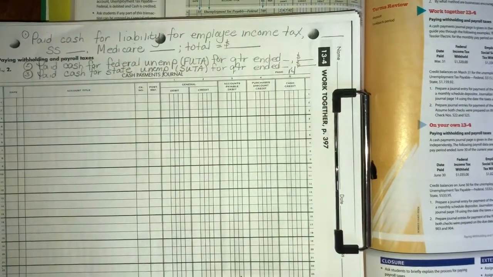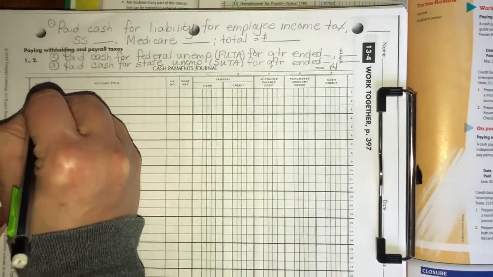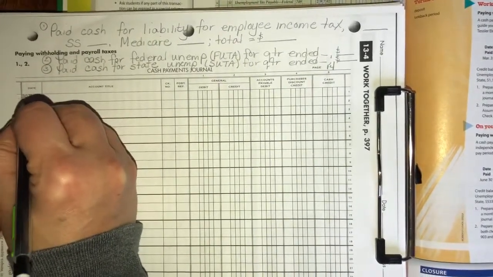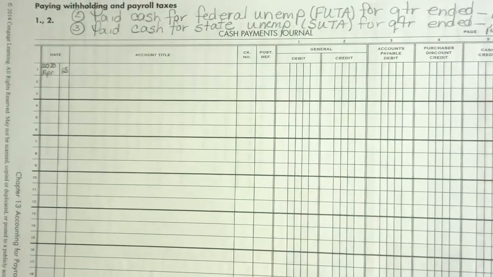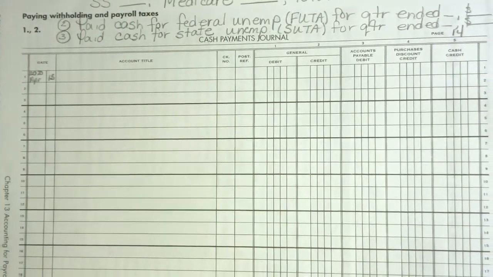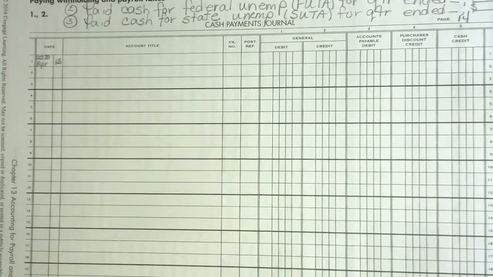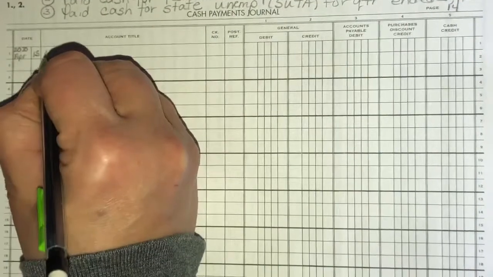So this is the year 2020. We know that this is April 15th because we need to pay within 15 days after our pay period, which ended March 31st, they told us. And so we start out with employee income tax payable.